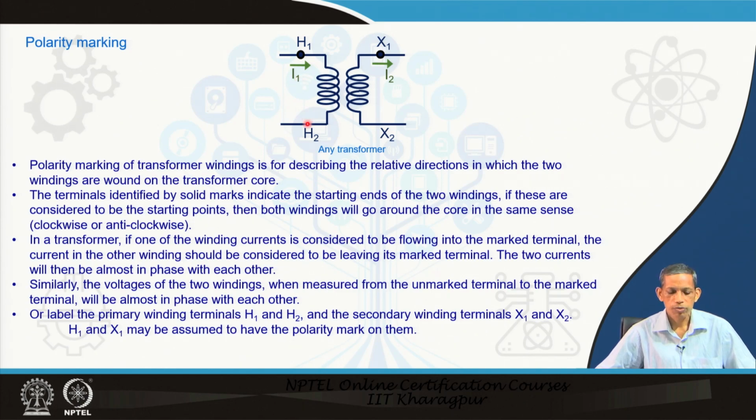And the corresponding voltages from the other terminal to the marked one, in this case V1 and V2, will also be in phase. So, that gives us scope for the proper connection of the CT, if you have polarity marking and you connect in accordance with it.